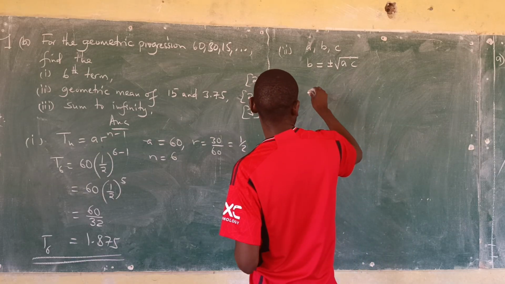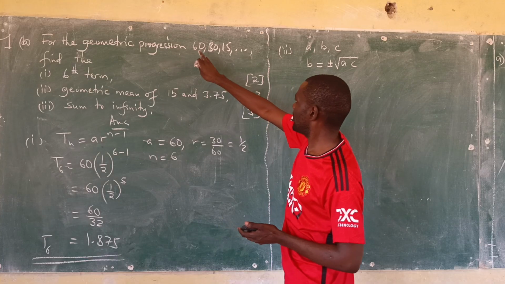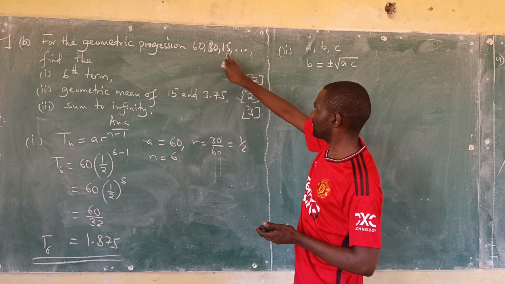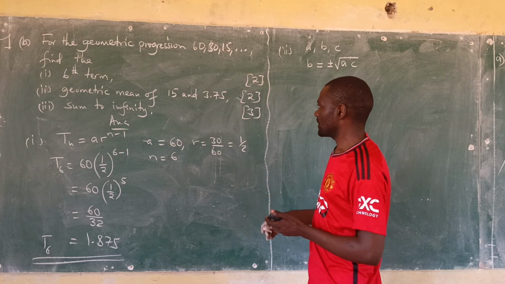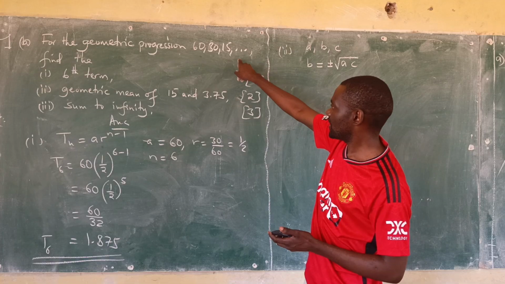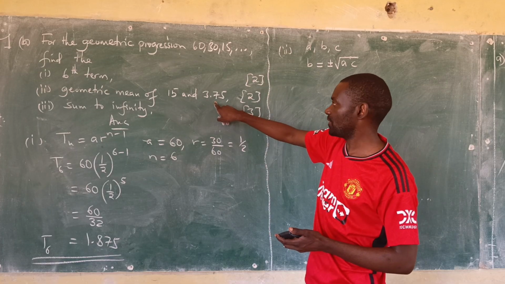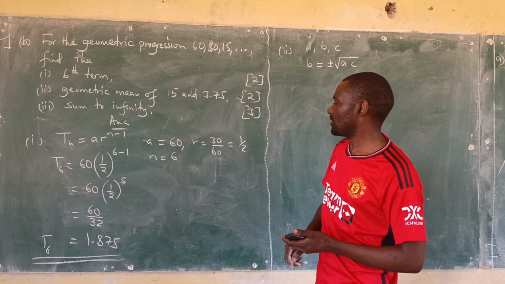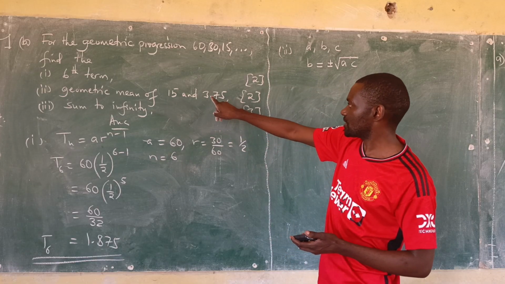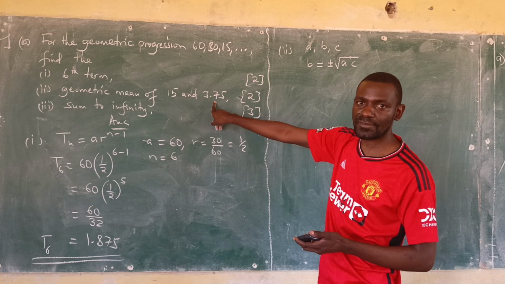So from there, we can say, since we have our A 60, our B 30, our C 15. Now in this case, after 15, there is supposed to be some number, and then we also have 3.75. So these are the ones that we have. So our A will be 15, our C will be 3.75.